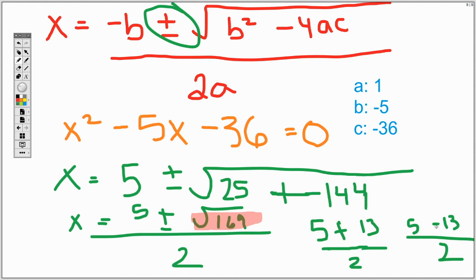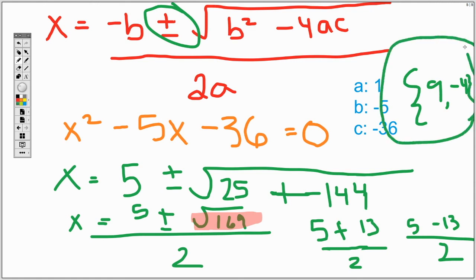So 5 plus 13 is 18, and 18 divided by 2 is 9. 5 minus 13 is negative 8, and negative 8 divided by 2 is negative 4. So that's your answer for this problem, 9 and negative 4. So that's it for today.